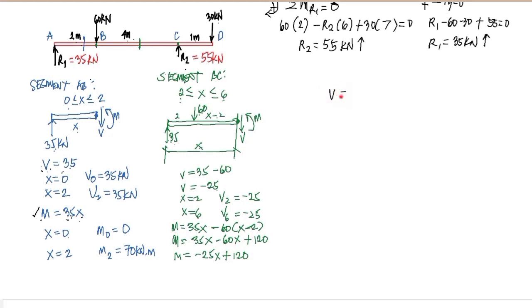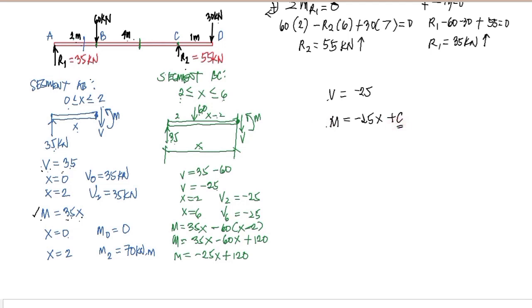We have here the shear equation is equal to negative 25. And if we are going to take the integral of this, then we have the moment is equal to negative 25x plus c. Kung papansinin natin dito, kung manggagaling tayo sa shear equation, to check whether tama ba yung moment equation natin, then hindi natin siya ma-check because in here, we have the arbitrary constant c.